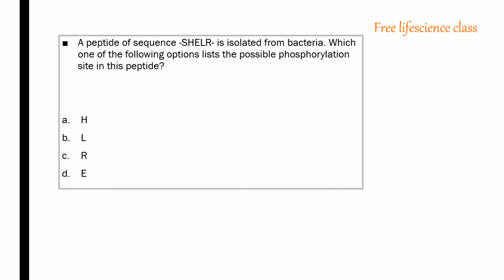A peptide of sequence SHELR is isolated from bacteria. Which one of the following options lists the possible phosphorylation site in this peptide?